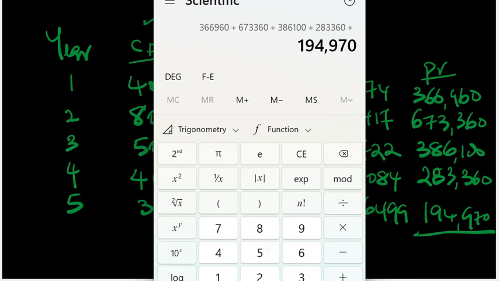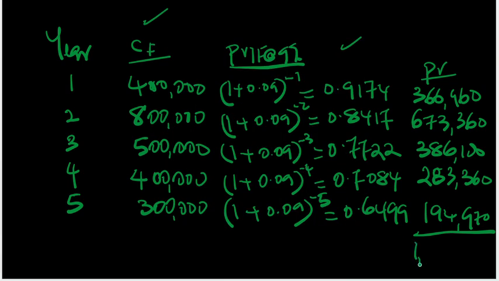And that is 1,904,750. So that is the present value of these cash flows. As long as our cost of capital is 9%, that is the present value of these cash flows.